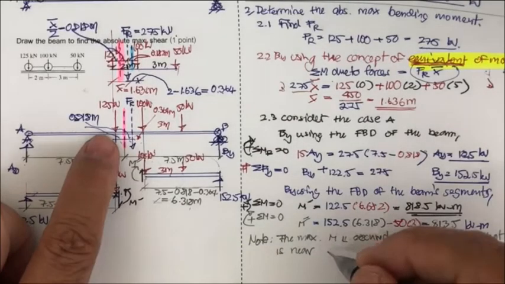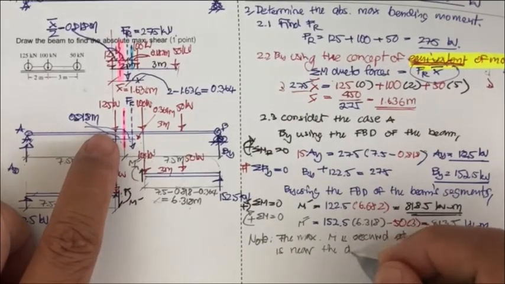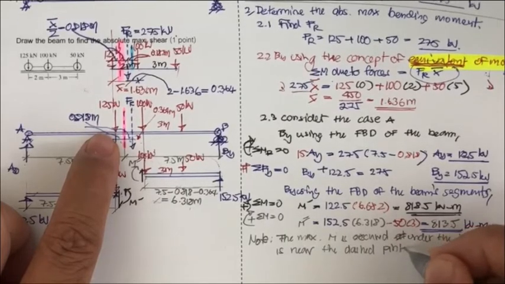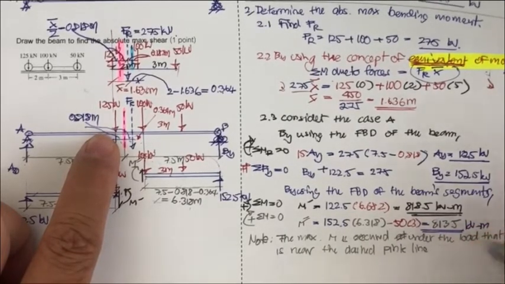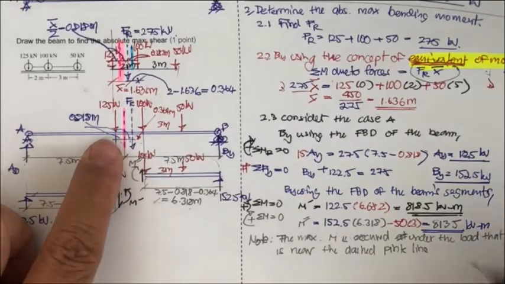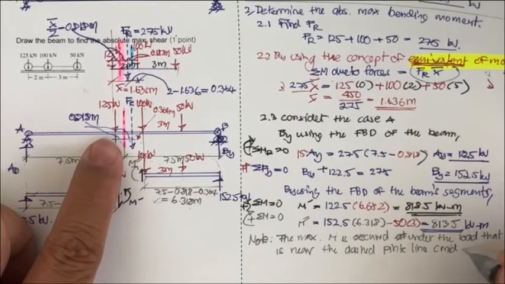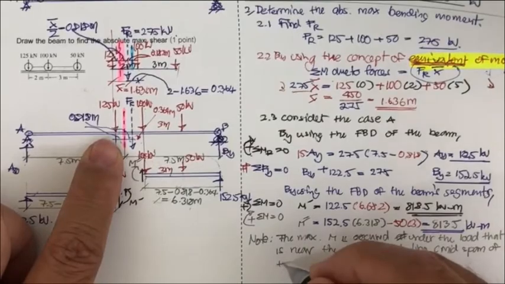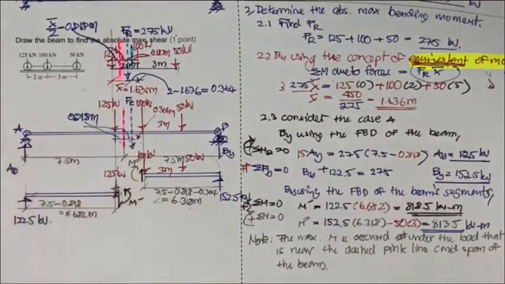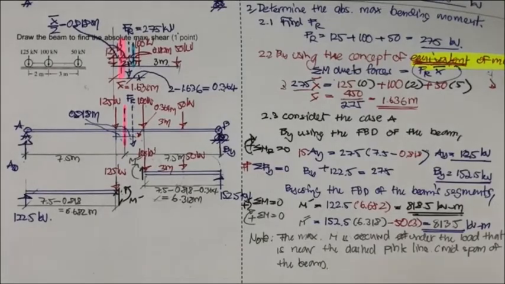Near the dashed pink line, the one that's close to the midspan of the beam. It's going to be our conclusion.